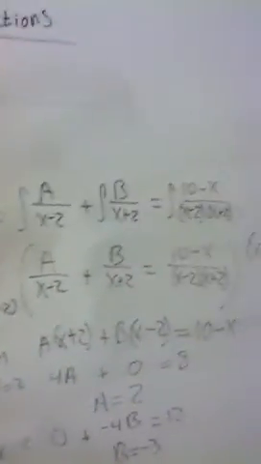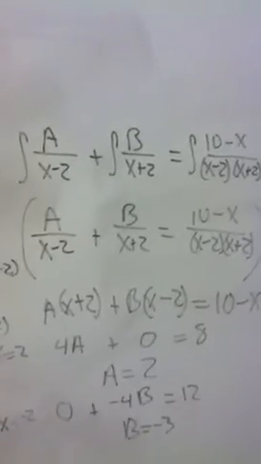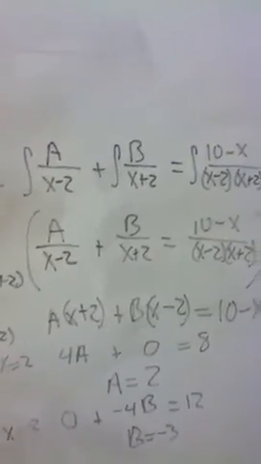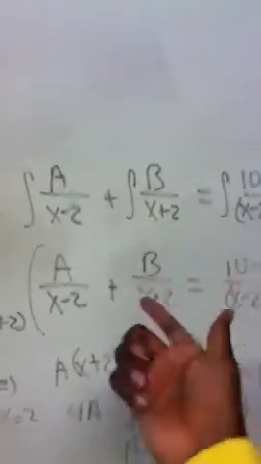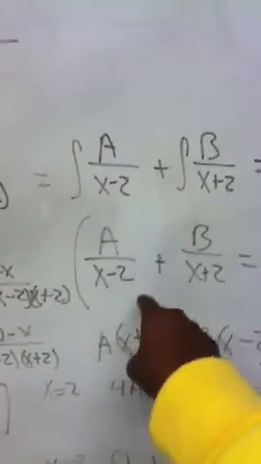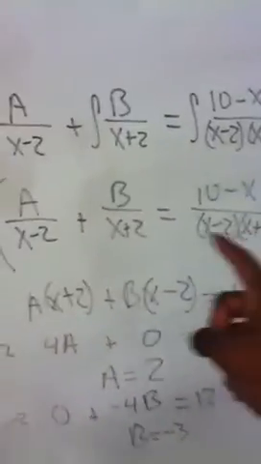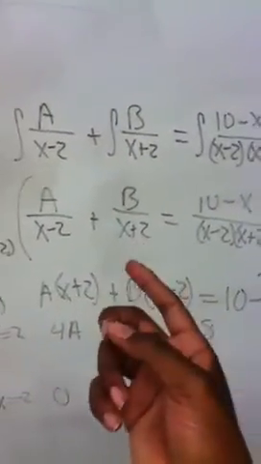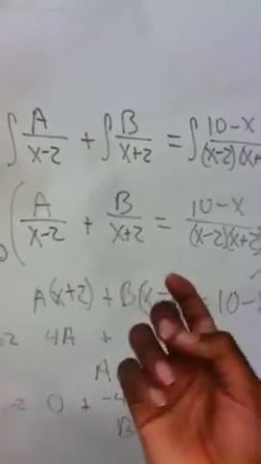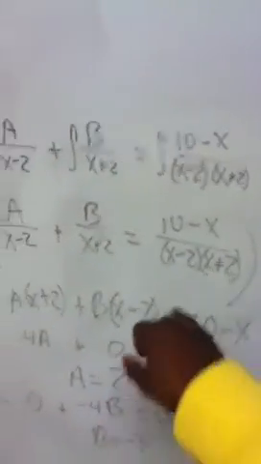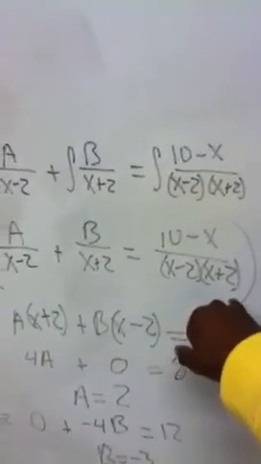Now that you have all that, you can just forget the integral sign for a second and focus on the actual content. You have a over x minus 2 plus b over x plus 2 equals 10 minus x over x minus 2 times x plus 2. What you first want to do is eliminate your fractions, because you need to solve for a and b, and you can't do that if you have fractions. To eliminate the fractions, you're always going to multiply by the denominator on the answer side.